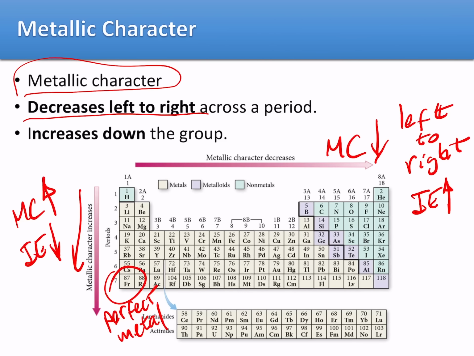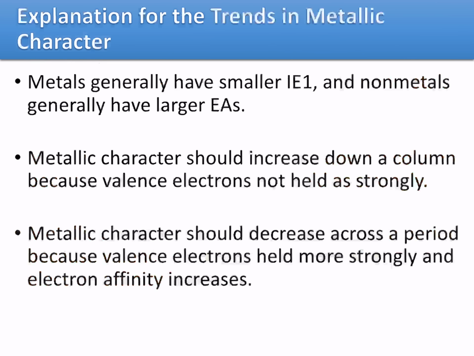If the ionization energy increases, then you are going farther away from the perfect metal, because the perfect metal should be easy to ionize, and it won't be easy to ionize if you have a high ionization energy. And in this case, down the group, the ionization energy is decreasing, so it's easier to remove those electrons, it's easier to ionize that metal, and that's why the metallic character increases. So that's all there is to this.